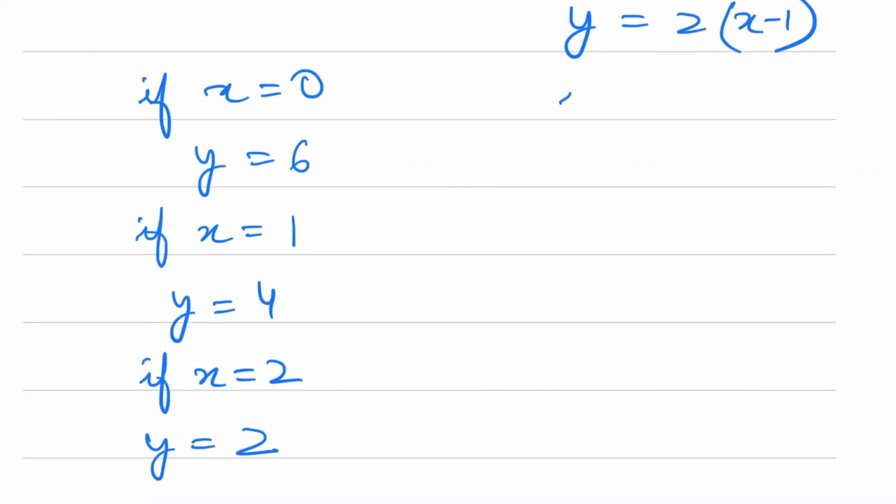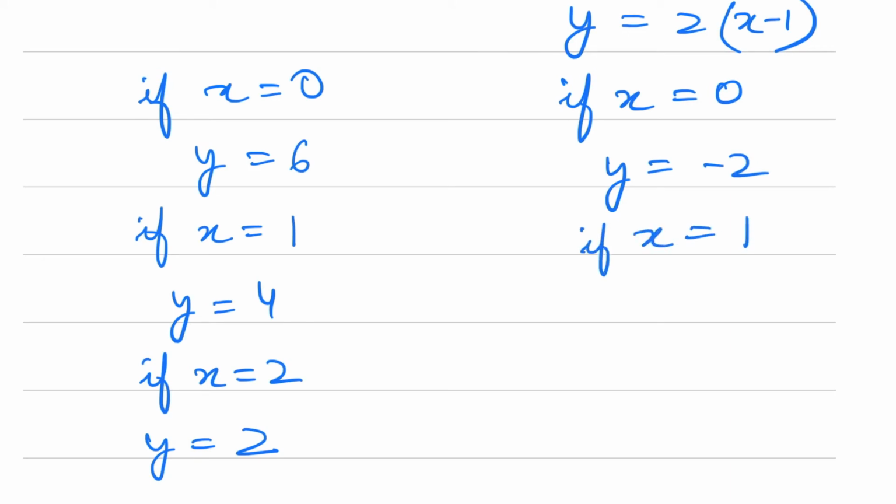In this case, if x is equal to 0, then y would be equal to minus 2. If x is equal to 1, then y would be equal to 0. And if x is equal to 2, then y would be equal to 2. So I have got these coordinates.